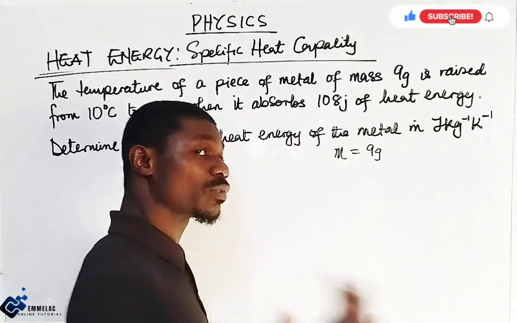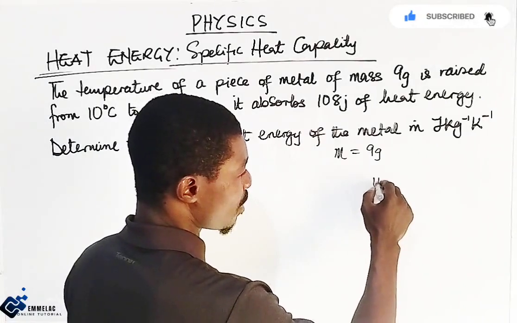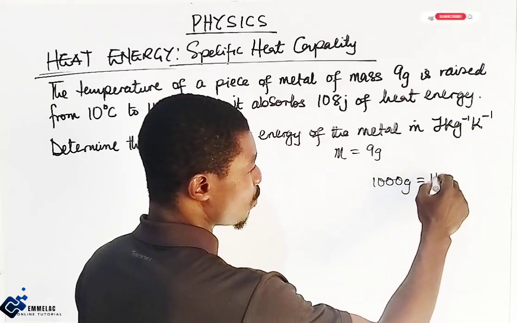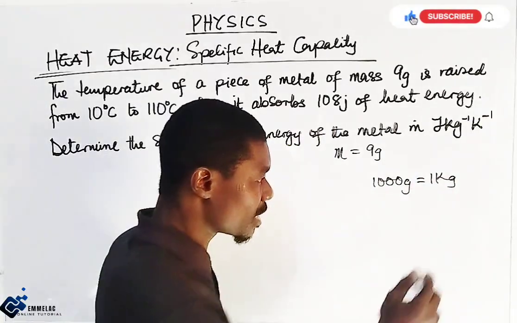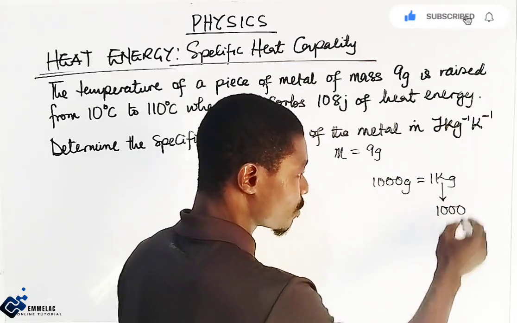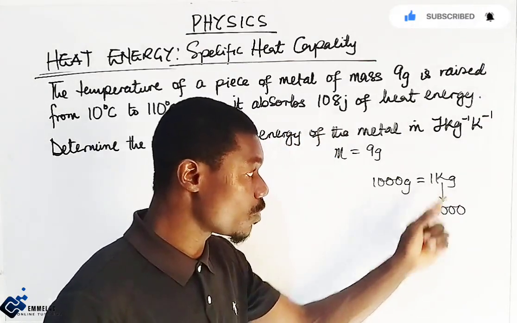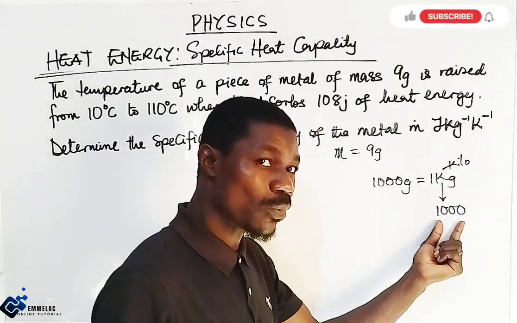First of all, let us recall that 1000 gram gives you 1 kilogram. In essence, always just remember that kilo here means 1000.